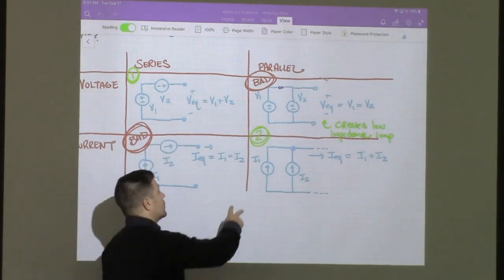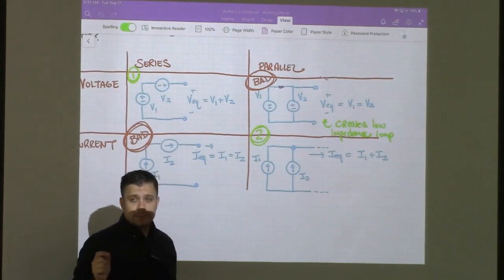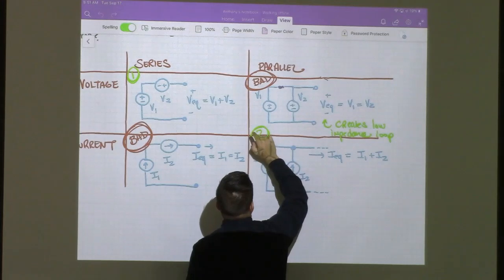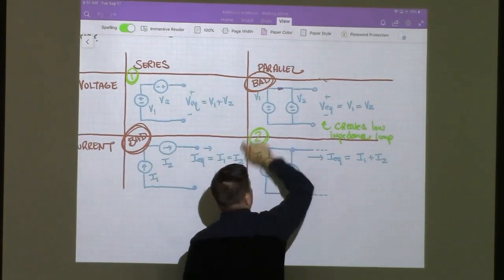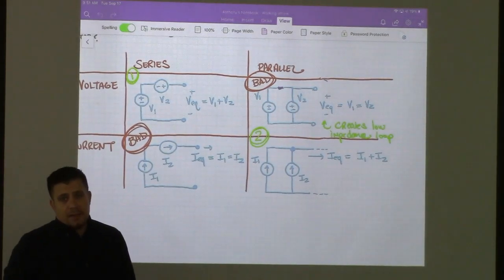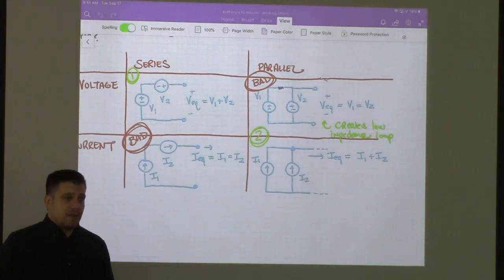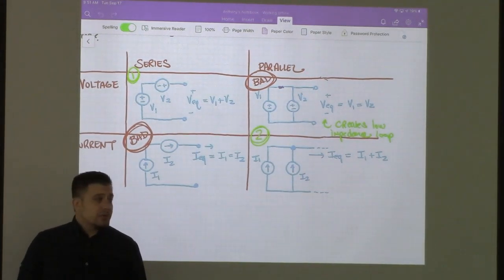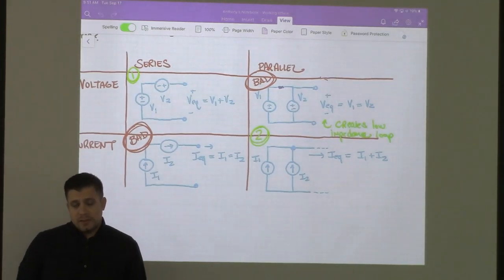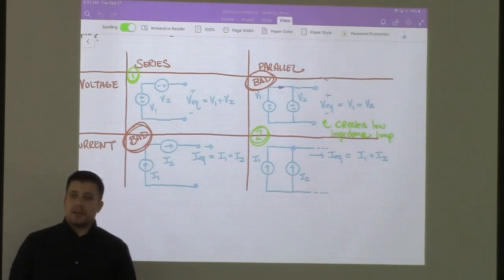So if you connect two voltage sources in parallel that have even very close values, the current between them is going to be equal to this minus this divided by a very, very small resistance. That's going to lead to a very, very large current, which is going to lead to blowing the fuses in your device. So don't connect two voltage sources in parallel with one another. That is what we call a low impedance path, and it will, at best, blow your fuses, at worst, cause some other damage.